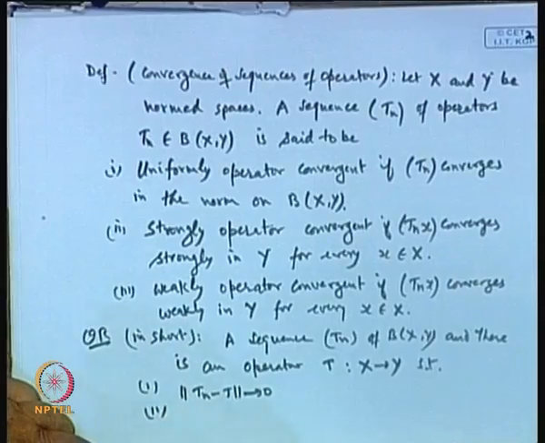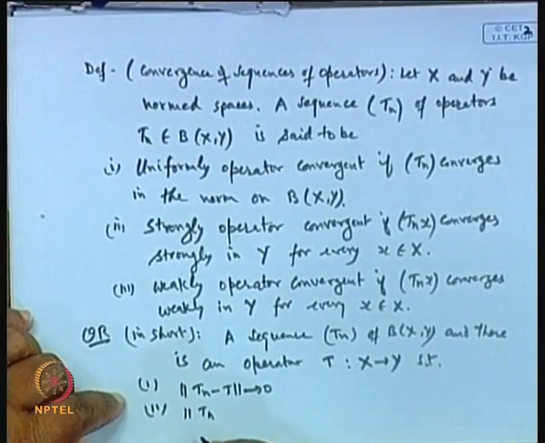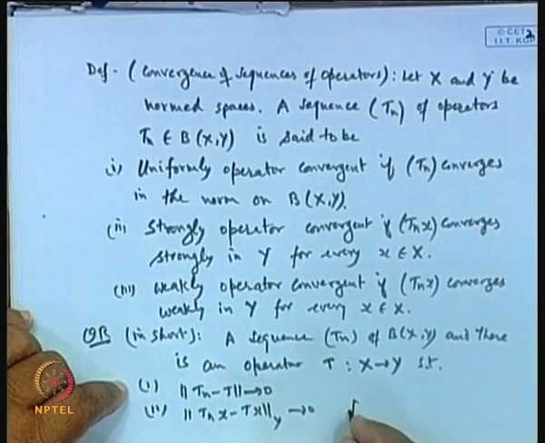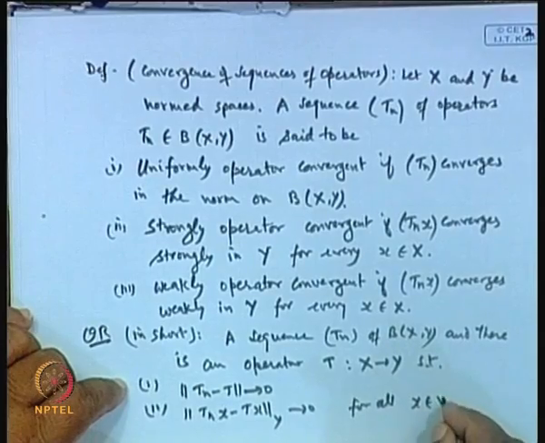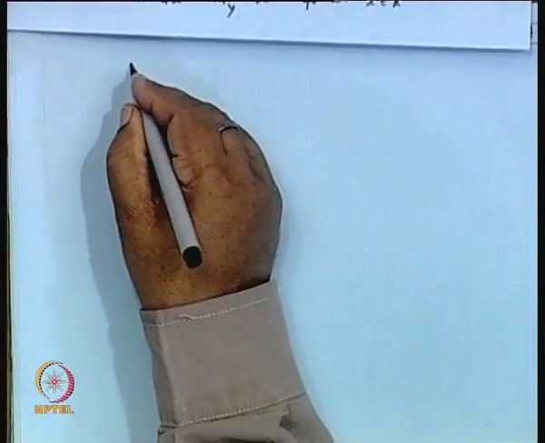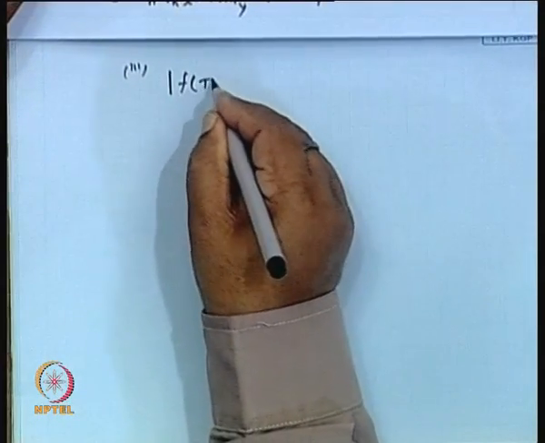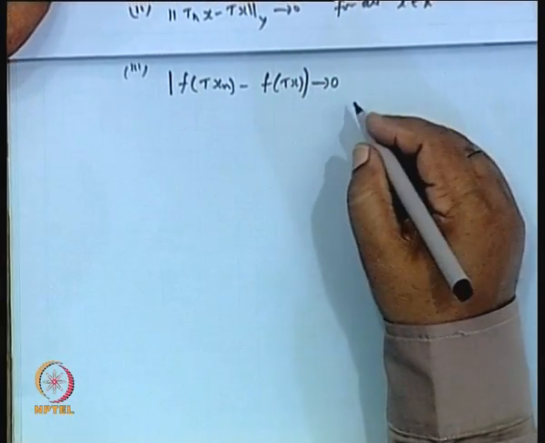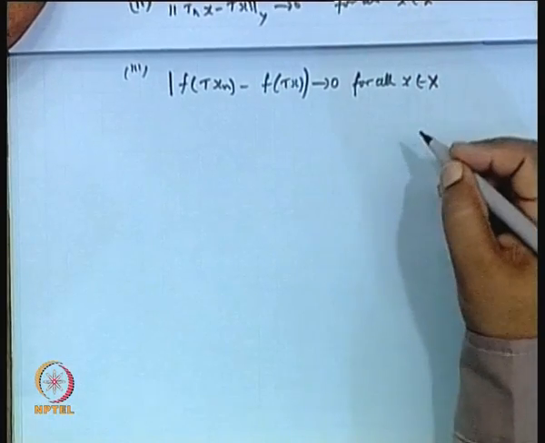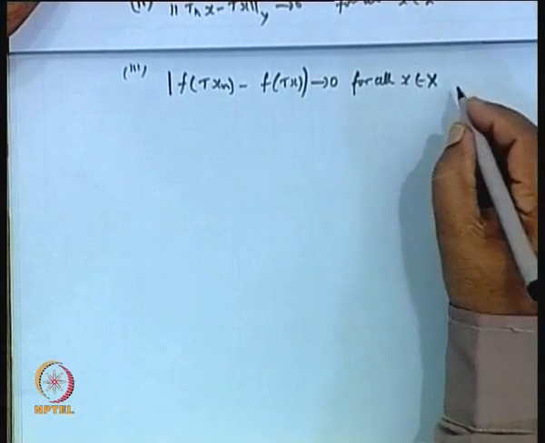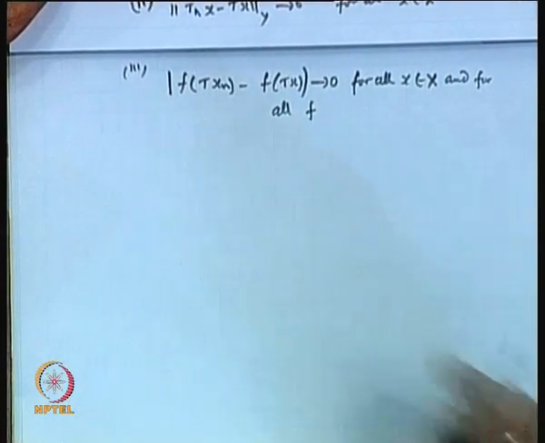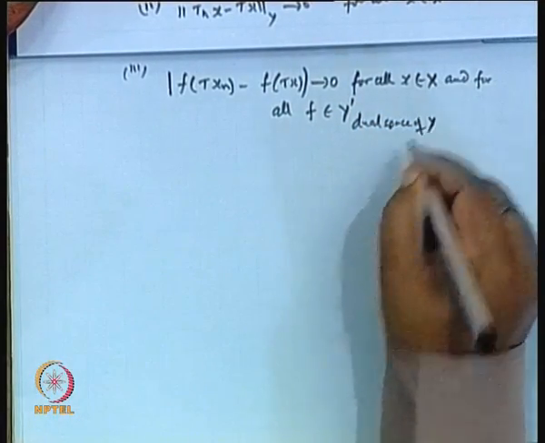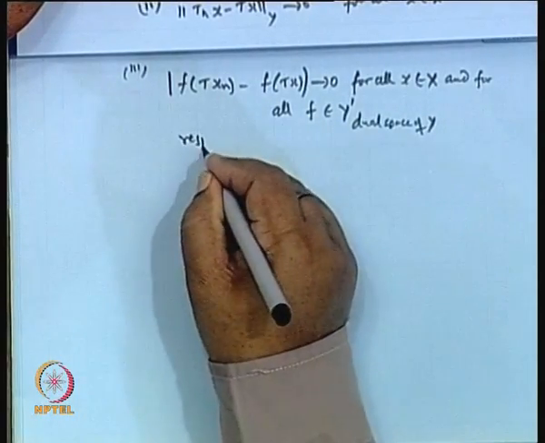Second is norm of T_n x minus T x, that is the norm of Y here, goes to 0 for all x belonging to capital X, and third is modulus of f(T_n x) minus f(T x) tends to 0 for all x belonging to capital X and for all f belonging to the dual space of Y respectively. Okay?